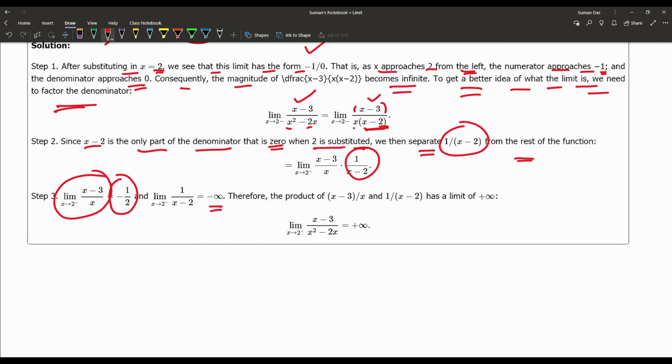Why minus infinity? Because 2 minus means the value is less than 2, so that gives us a negative value. Their product is minus half times minus infinity, which gives us plus infinity. So finally we can say the limit as x approaches 2 minus of (x minus 3) upon (x squared minus 2x) is equal to plus infinity.